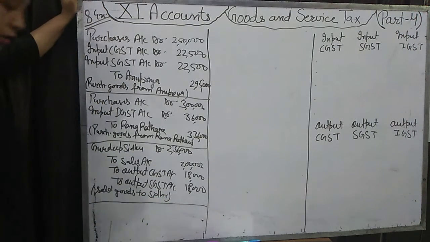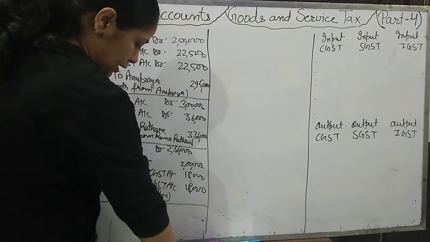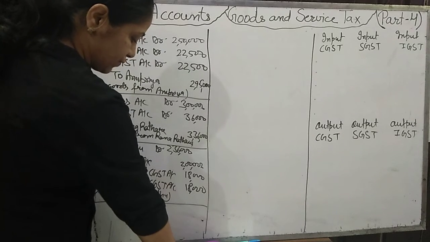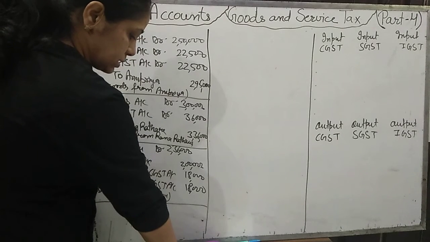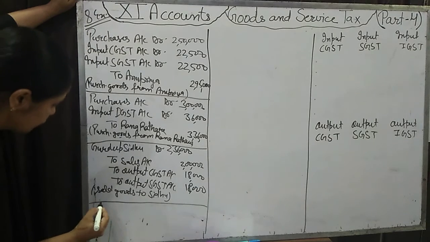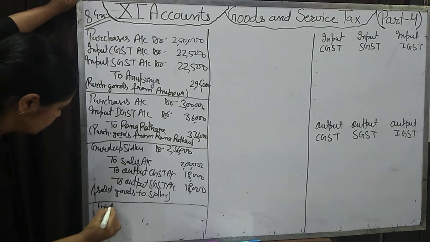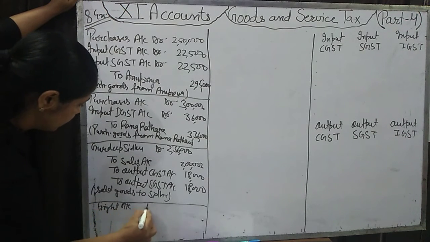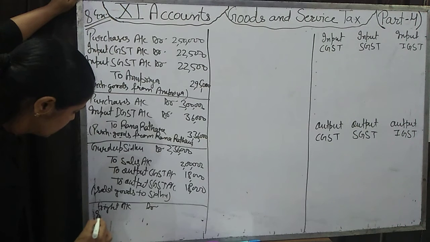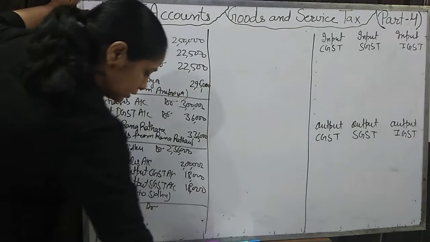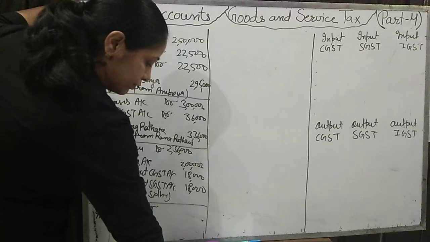Fine. Now next transaction is paid railway freight rupees 15,000. This is an expense. For that, freight account debit, all the expenses will be debit and we will pay GST. Input railway freight we will pay.